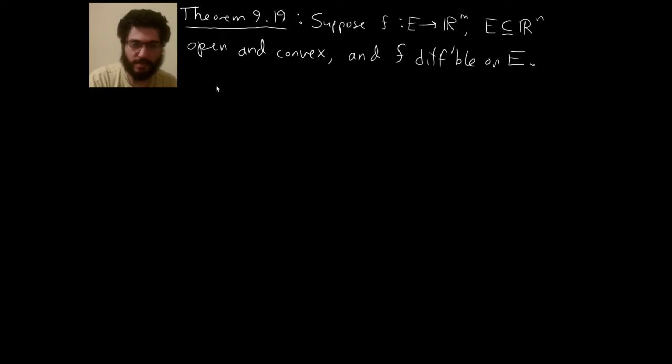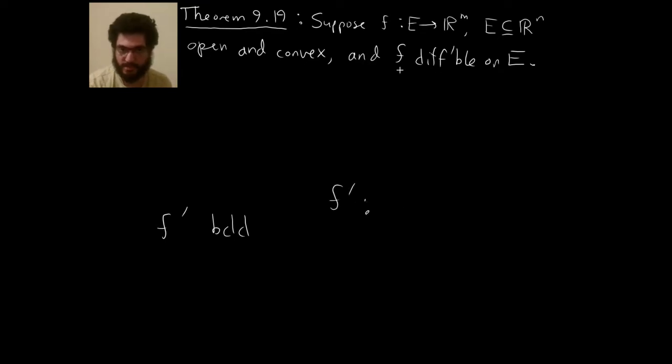Now, the next assumption is that f prime is bounded. So what does it mean to say f prime is bounded? Well, f prime, which exists, since we're assuming f is differentiable on E, is going to be a map from E to this metric space of linear maps from Rn to Rn.